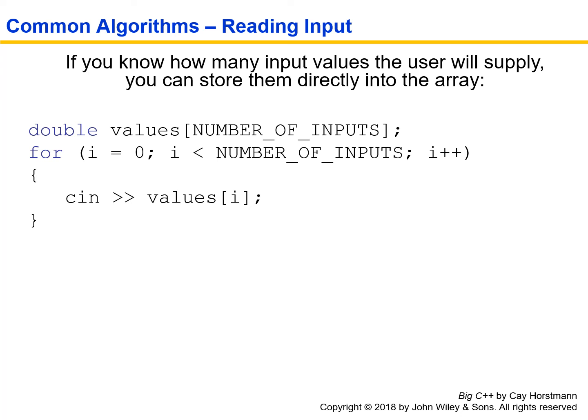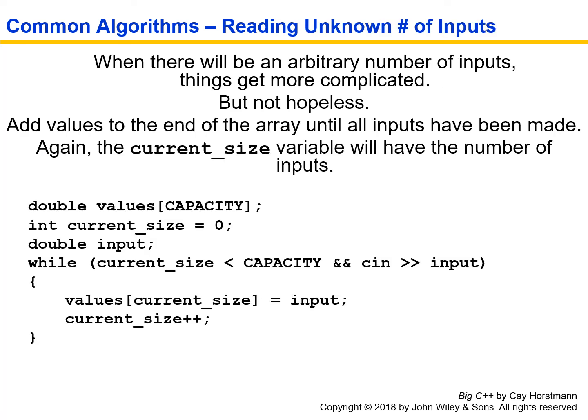However, rarely do we know exactly how many inputs we're going to have to start with, so we usually use this version where we keep both a capacity and a current size, and while current size is less than capacity and cin gives us valid input, we store the input in values at current size and then increment our current size.